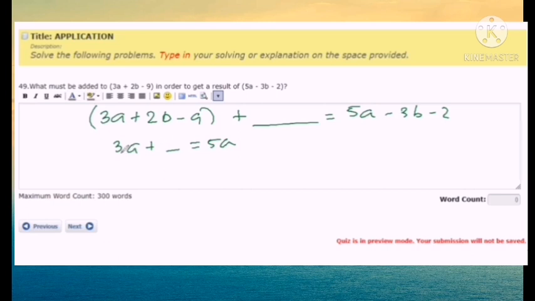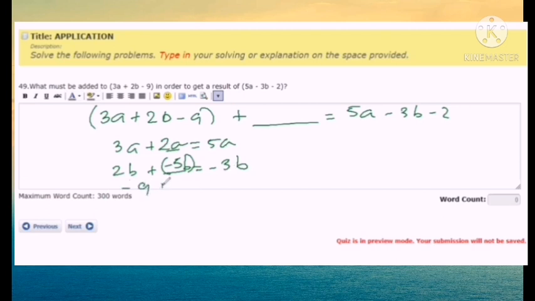How many should I add to 3 to get 5? That's 2, so 2a. Then 2b, what should I add to get negative 3b? The answer is negative, meaning my answer here should also be negative. It's a bigger negative than 2. So I have negative 5b, because 2 plus negative 5 is negative 3.